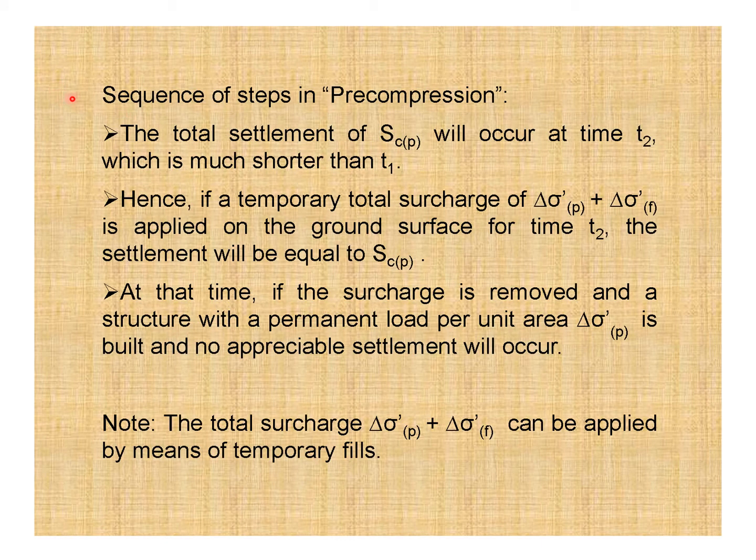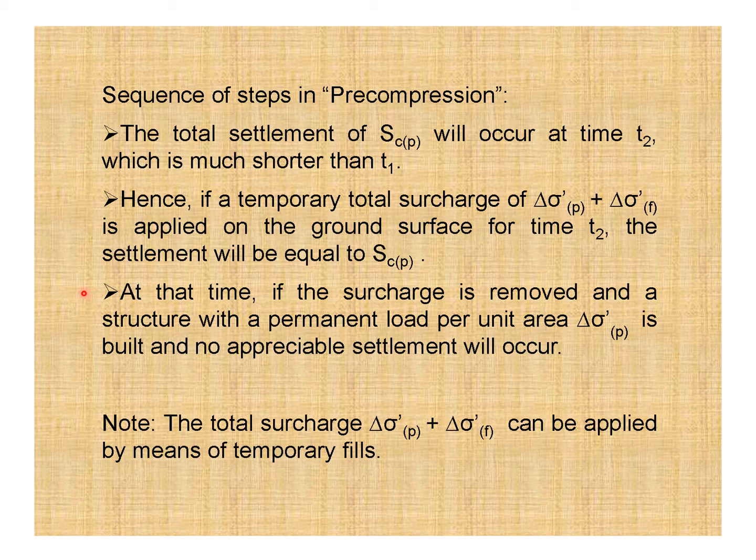Now look at the sequence of steps in pre-compression or preloading. The total settlement of S sub c(p) will occur at time t2, which is much shorter than t1. Hence, if a temporary total surcharge of delta sigma dash p plus delta sigma dash f is applied on the ground surface for time t2, the settlement will be equal to S sub c(p).